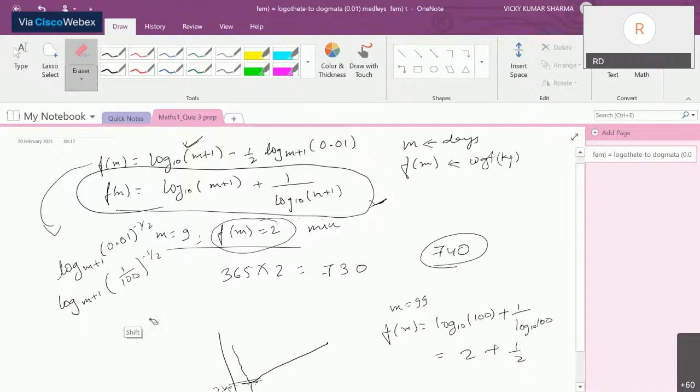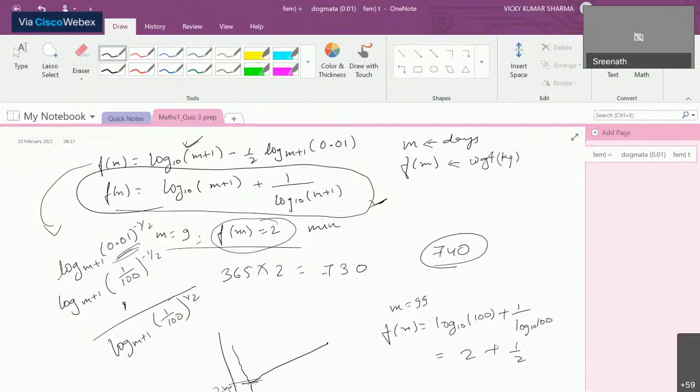Okay, you got confused there. Fine, we'll take it up here. So till now it's fine, right? Now I can write this entire function as log of m plus 1, 1 by 100 to the power of half, correct? You inversed it.